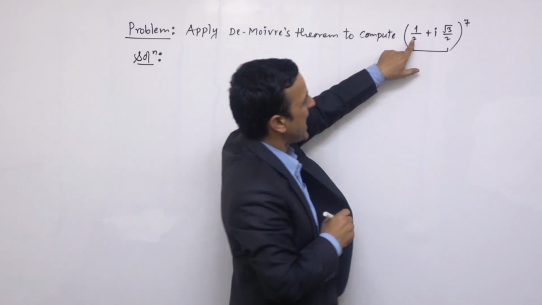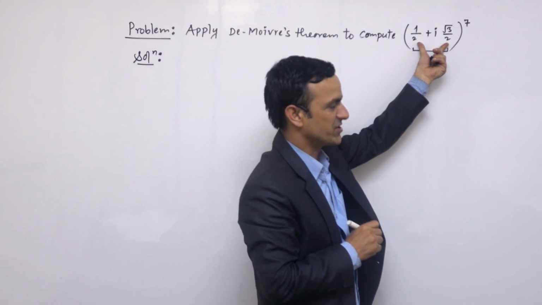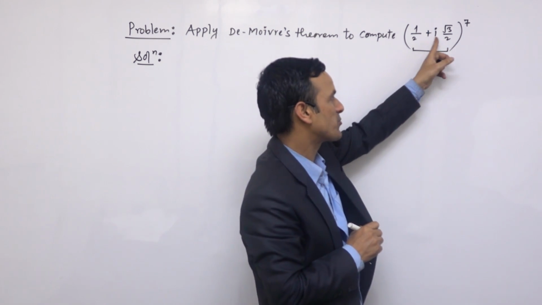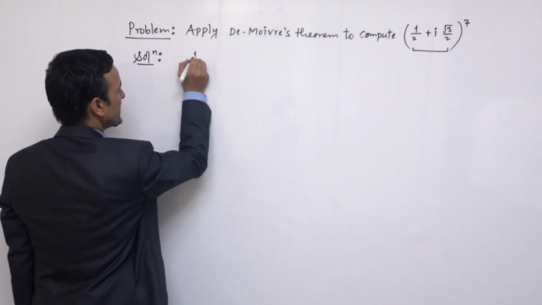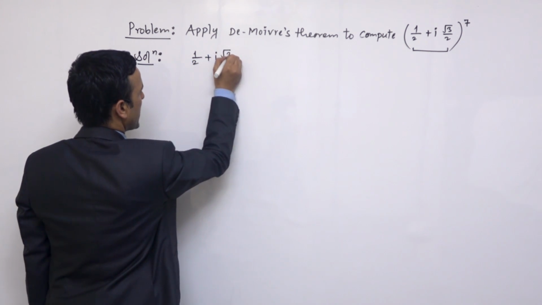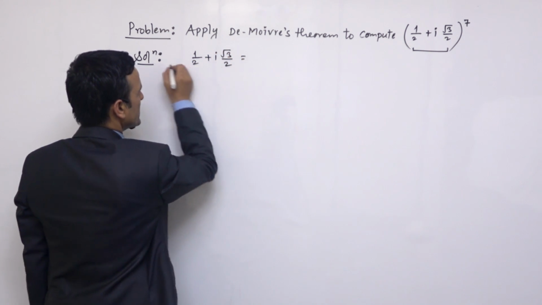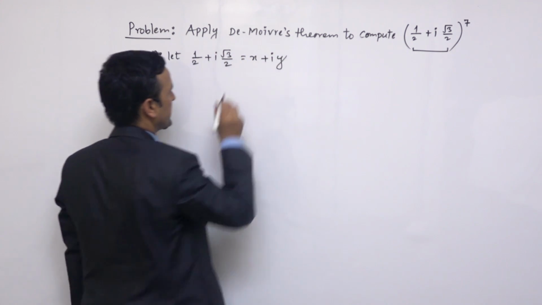So this is x plus iy, which is also called Cartesian form. So first of all, we have to change into polar form. So let's change the value of this 1 by 2 plus i times root 3 by 2. So this is the form x plus iy.